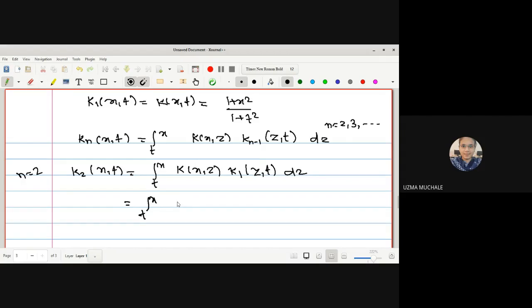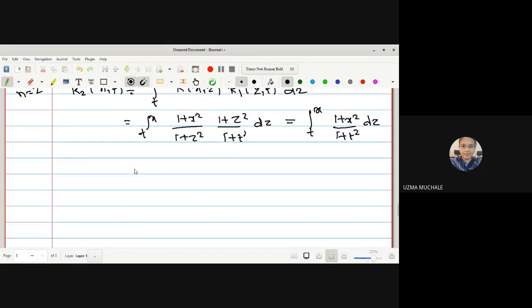k of xz. What will be k of xz? Wherever you have t, you have to put it as z. It is (1 plus x square) divided by (1 plus z square), k1 of zt. Instead of x, you have to now put it as z. These two get cancelled, and we get the integration of (1 plus x square) divided by (1 plus t square) dz.